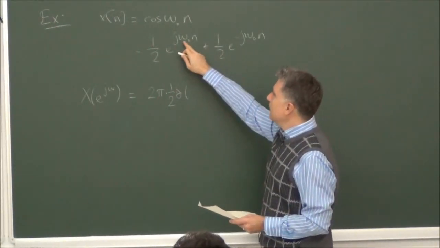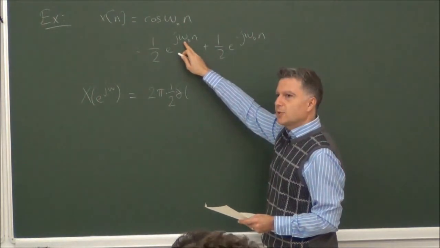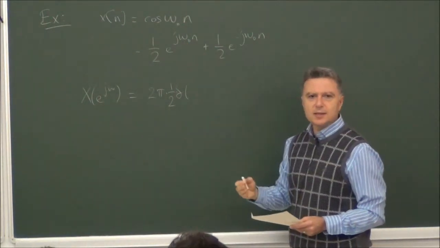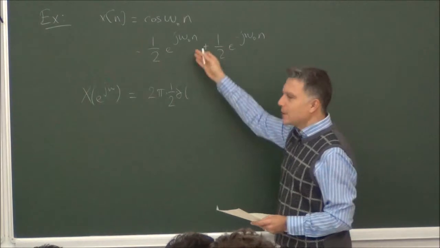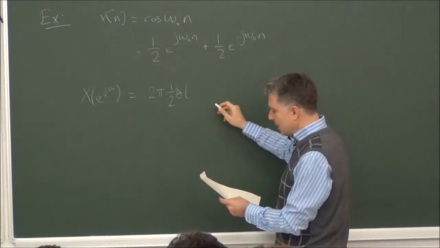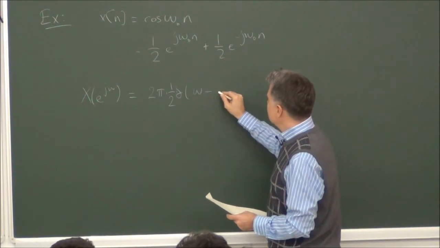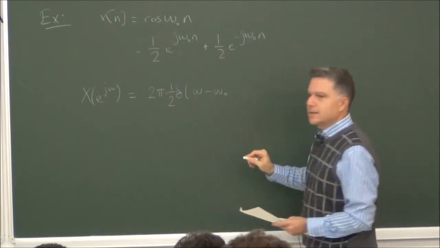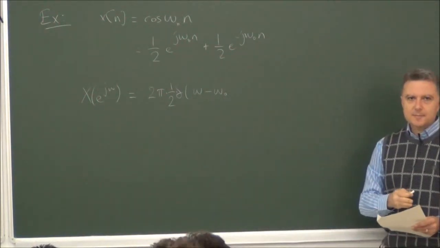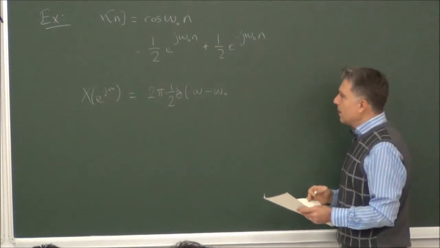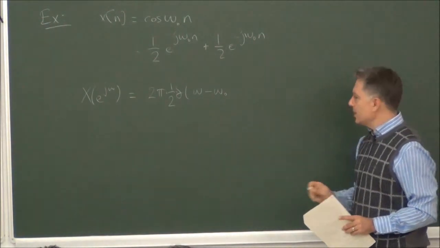Let's think of the impulse corresponding to omega 0. Where is that impulse? It is at omega 0, and we indicate it like this, delta omega minus omega 0. That is an impulse at omega 0, but it's only one impulse.